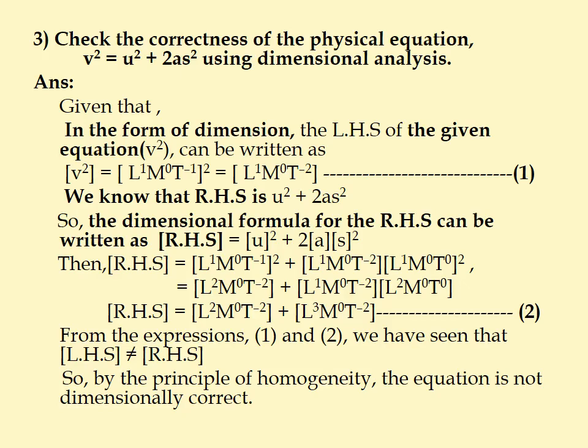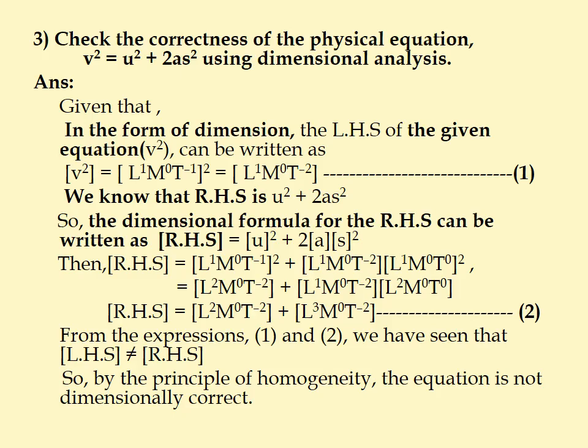Given that, in the form of dimensions, the LHS of the given equation, v², can be written as: dimension of v² = [L¹ M⁰ T⁻¹]² = [L² M⁰ T⁻²]. This is equation number 1.